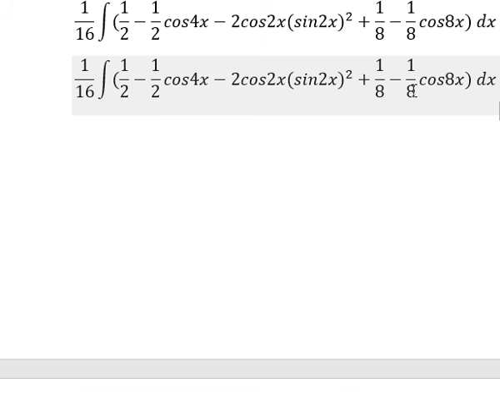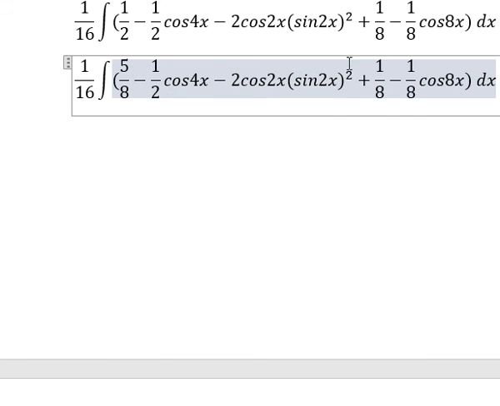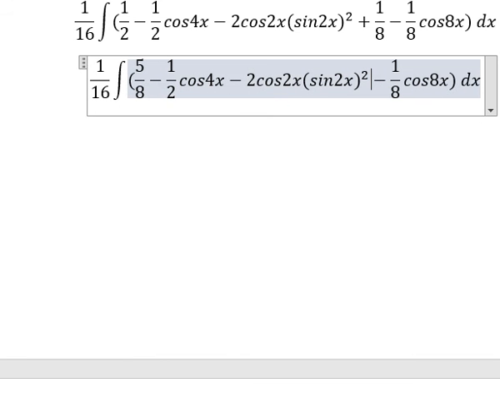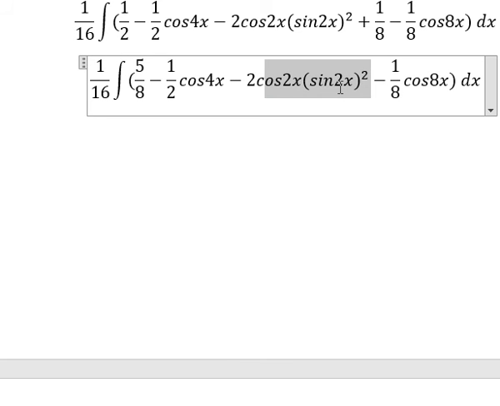One over 2 plus 1 over 8 is about 5 over 8. So I will concentrate on this one only.